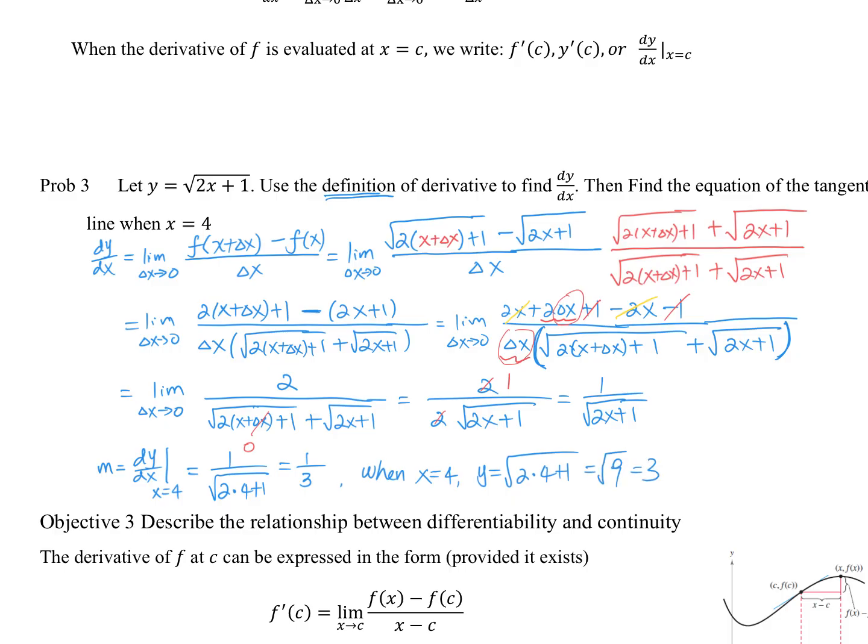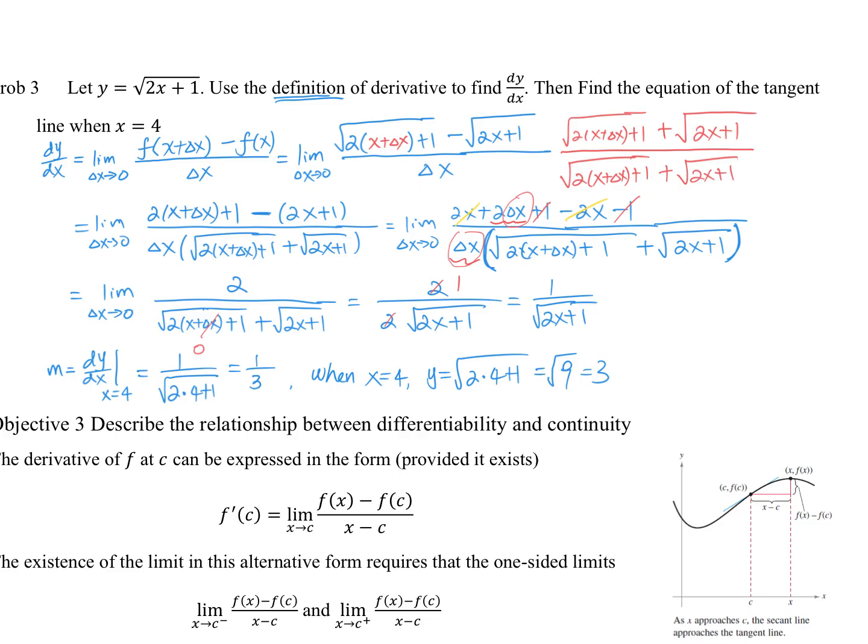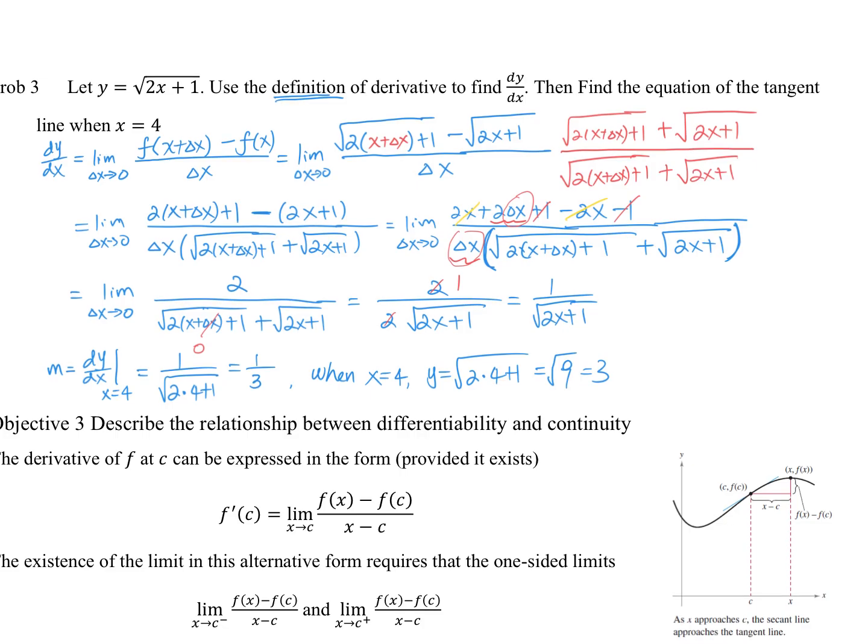So y is 3. All right, I think we are almost ready to find the equation of the tangent line. So the equation is y minus 3 equals the slope, which is 1/3, times x minus 4.